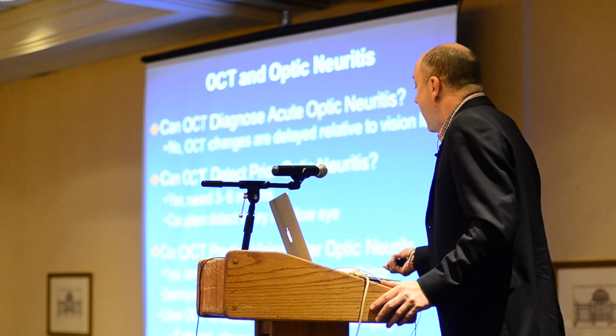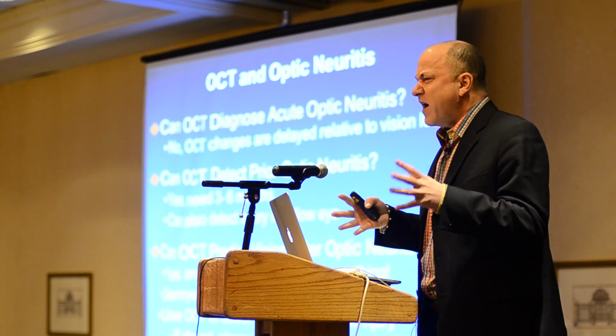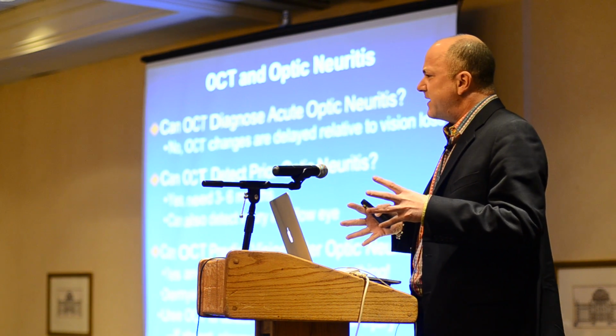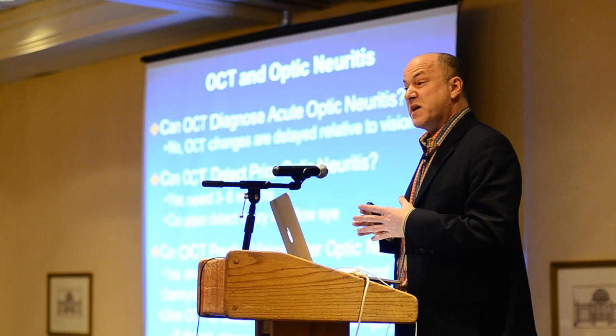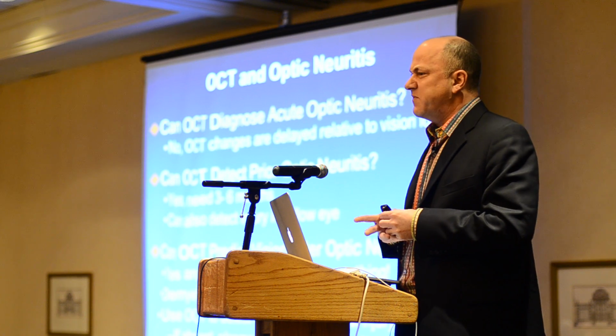And we can use that to gauge a certain situation: if you haven't had good recovery after optic neuritis, and it's been enough time at that 3 to 6 month level, we can take a look at how many cables have been lost.